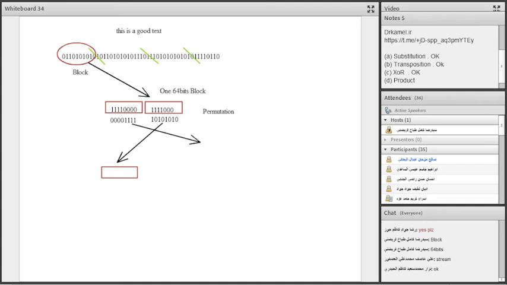Another example, a permutation can make it 1 0 1 0 1 0 1 0. This is only changing the order of the bits. We call this permutation.